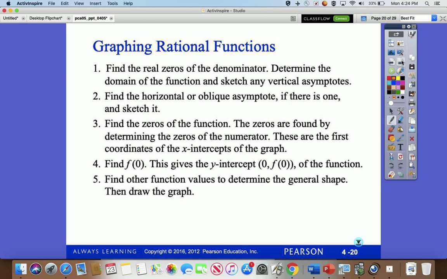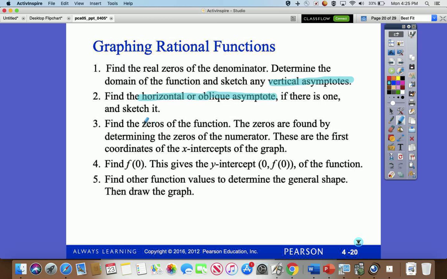Okay, so now we're going to put it all together. When you get ready to graph a rational function, you are going to find the real zeros of the denominator to help you determine the domain. So basically, find the vertical asymptotes. Then you're going to find the horizontal or oblique asymptote if there is one.